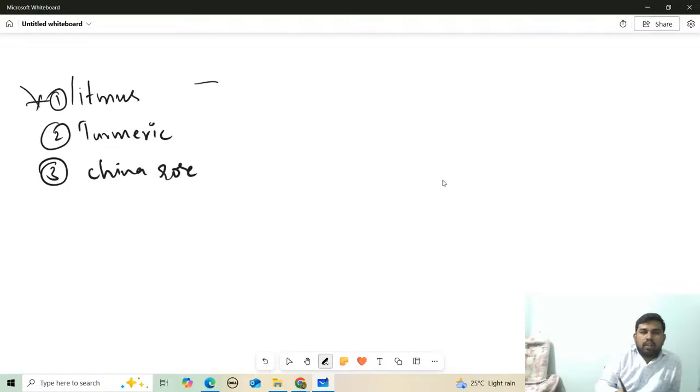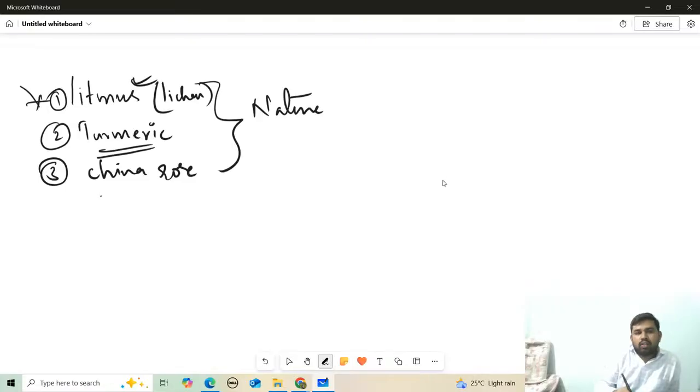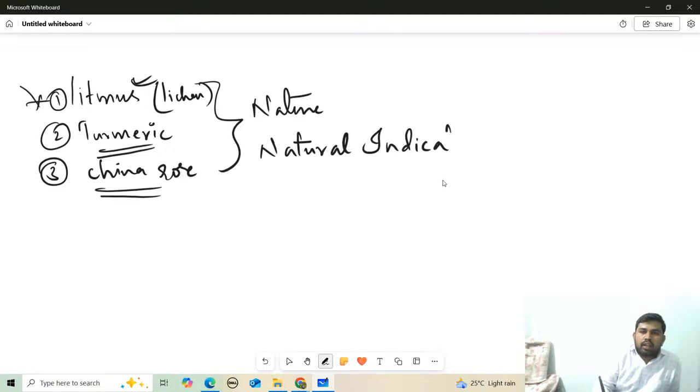These three are taken from nature. Litmus is extracted from the lichen plant, turmeric powder is also from nature, and China rose is a flower. So these are called natural indicators, which are taken from nature.